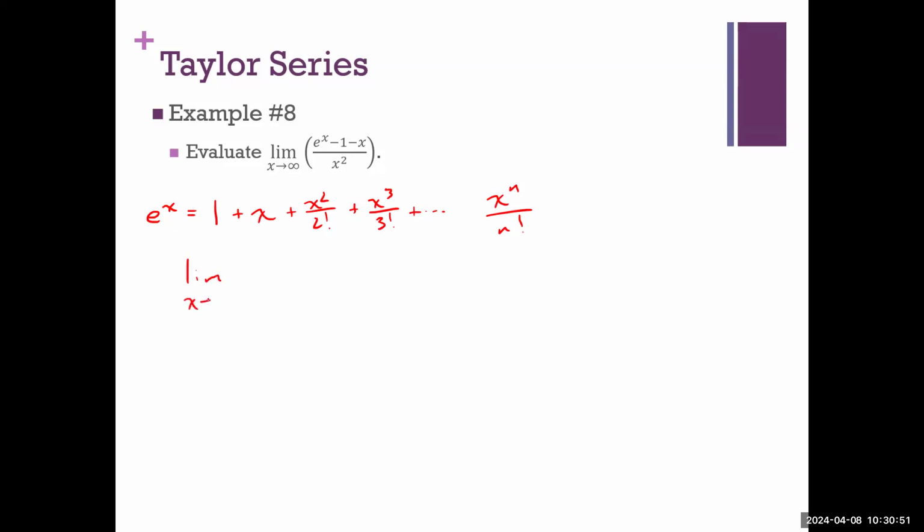I want to evaluate this limit by swapping in the Taylor series for e to the x. So 1 plus x plus x squared over 2 factorial plus x cubed over 3 factorial, and so on, minus 1 minus x, all over x squared.